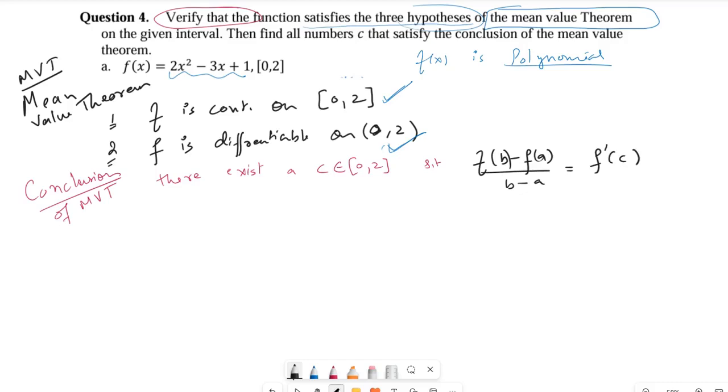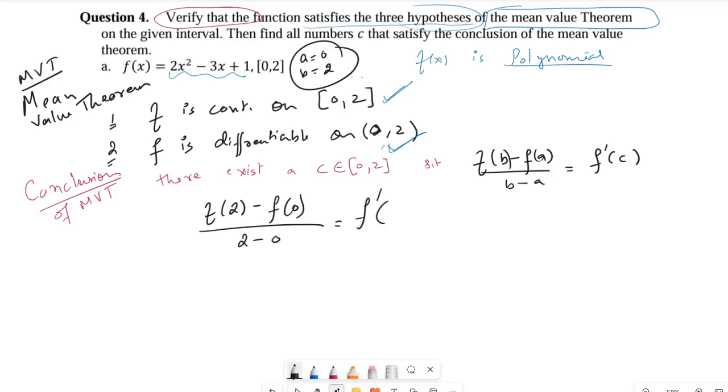In this case, a is equal to 0, b is equal to 2, because the interval is 0 to 2. That means we are asking (f(2) minus f(0)) divided by (2 minus 0) is equal to f prime at c. We need to find the c. The question is to find all numbers c that satisfy the mean value theorem.